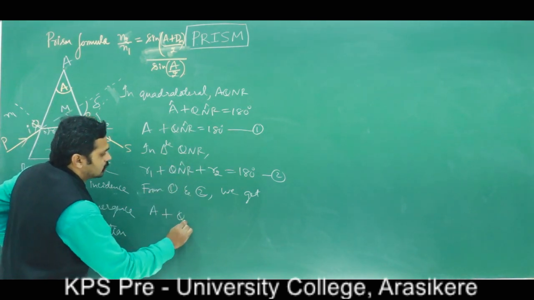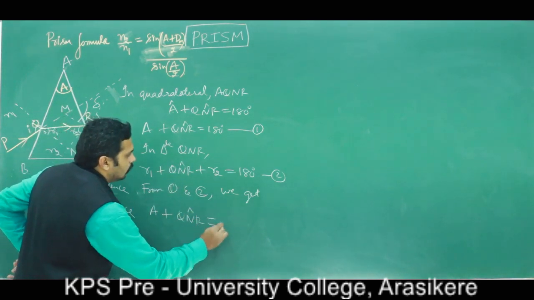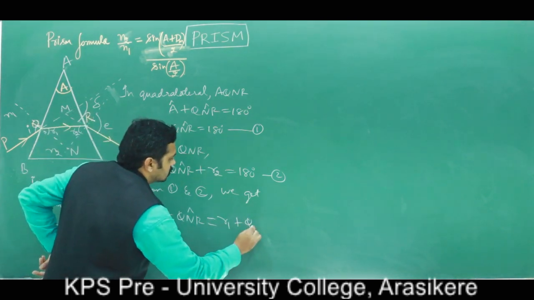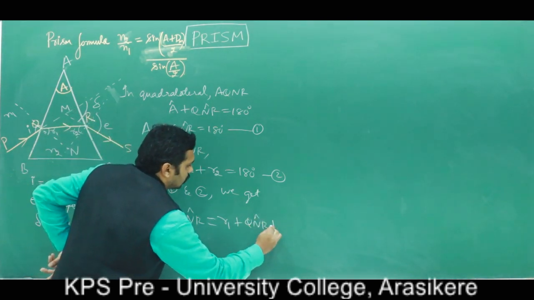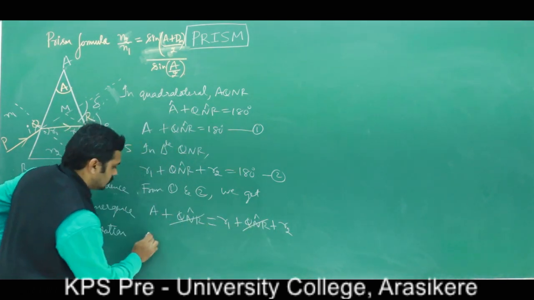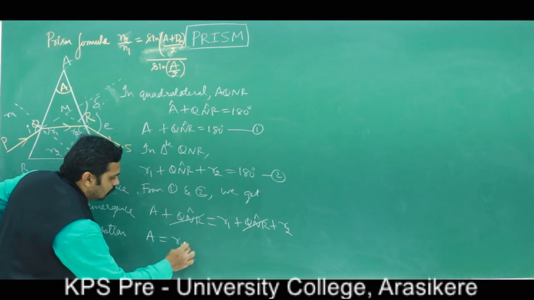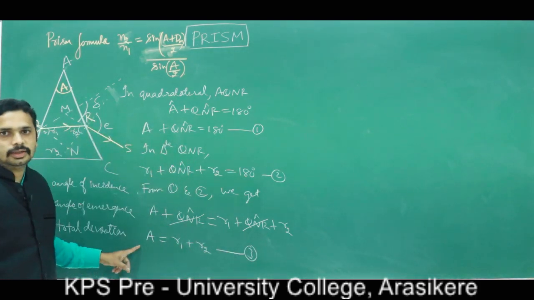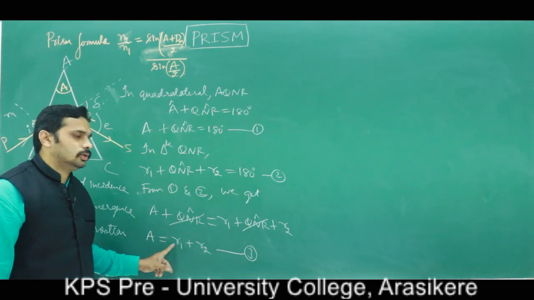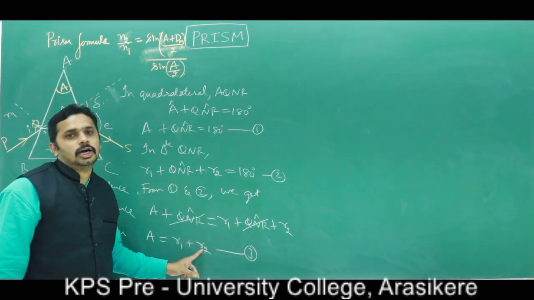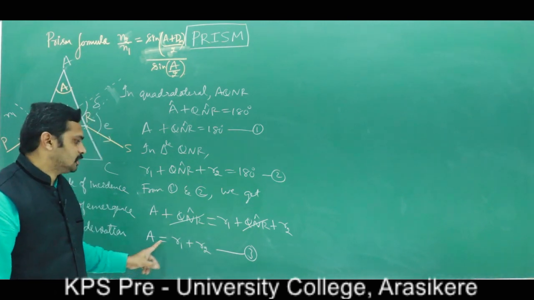A plus QNR is equal to R1 plus QNR plus R2. QNR cancels. A is equal to R1 plus R2. This is equation 3. That is, the angle of the prism is equal to the sum of the angles R1 plus R2.